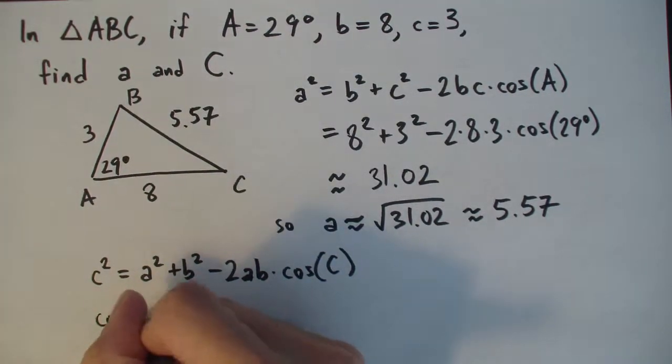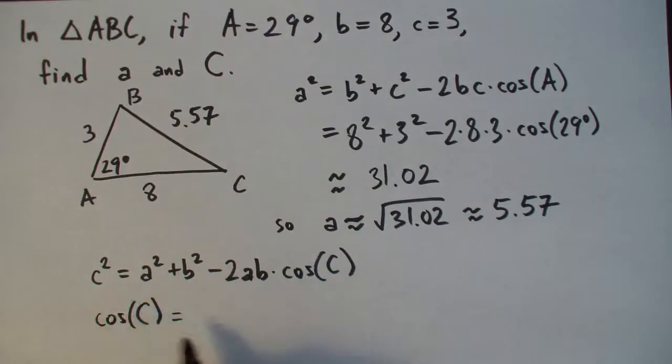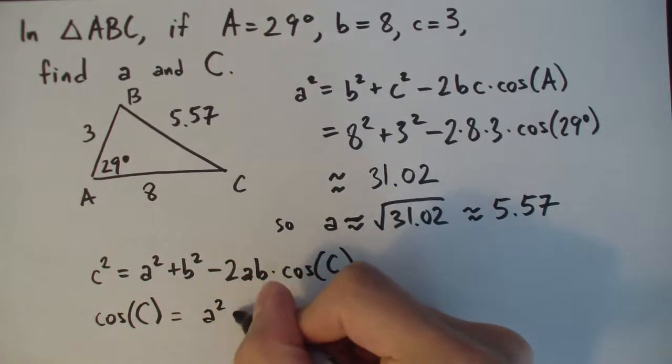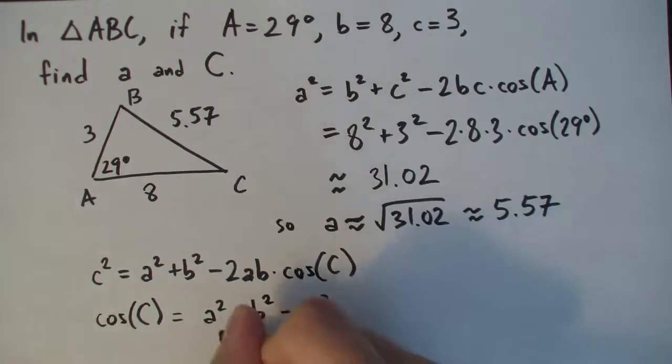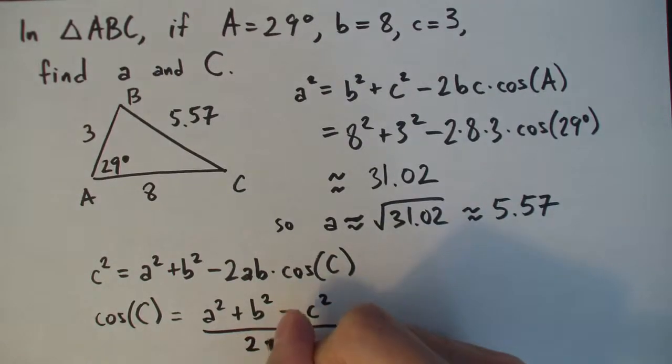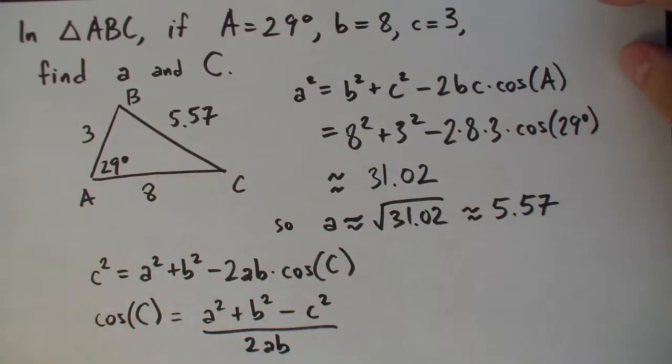So we find the cosine of C. If we move this over and rearrange, we get a squared plus b squared minus c squared all over 2ab. That's just rearranging the law of cosines.